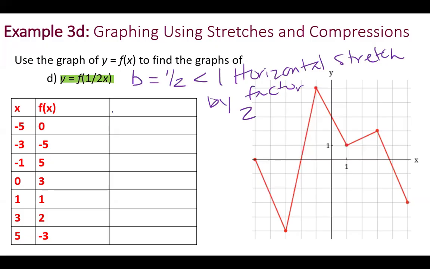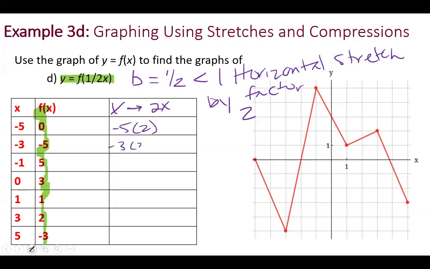So I'm taking my x's, and to all of my original x's, that's a terrible arrow, I'm doing what? Multiplying them all by 2. Am I doing anything to the y's? Yeah, they're staying the same. So we have -5 times 2.